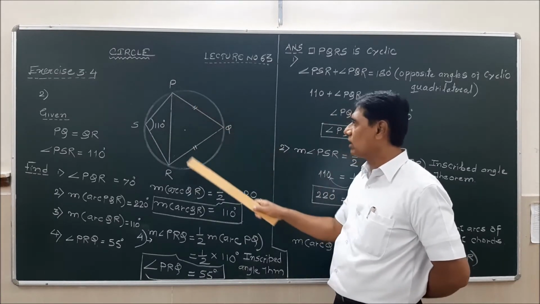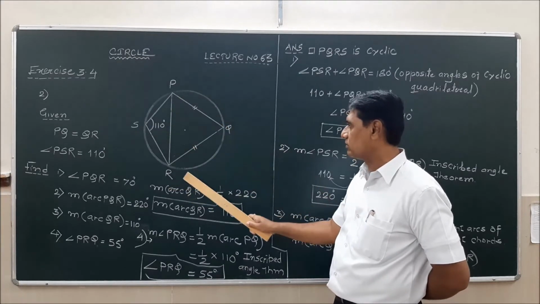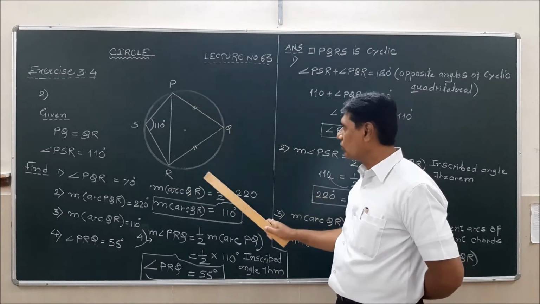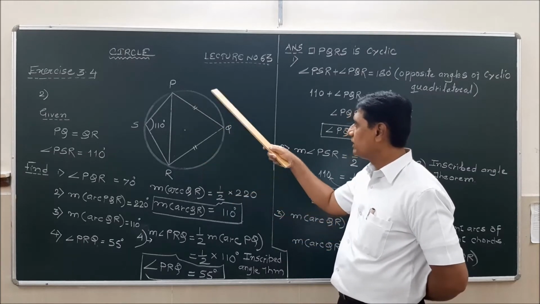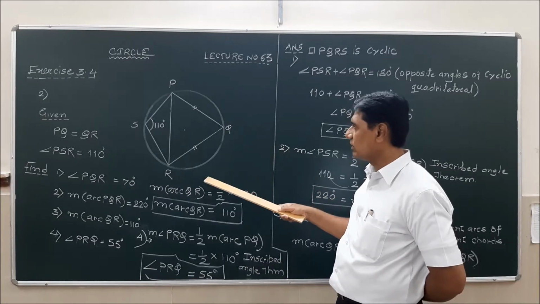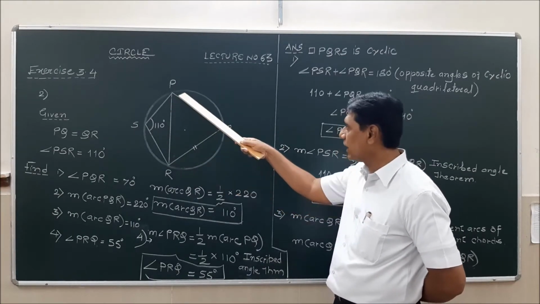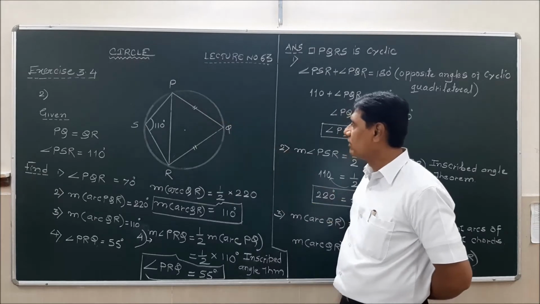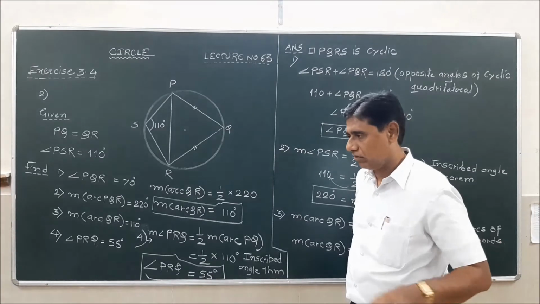Total arc PQR is twice of this angle, because this angle is half of arc PQR. So that is equal to 220. But 220, if we divide into two component parts, we'll be getting 110. This is also 110. Angle PRQ is also an inscribed angle, that is equal to half arc PQ, and hence it is equal to 55. That's all for this sum.